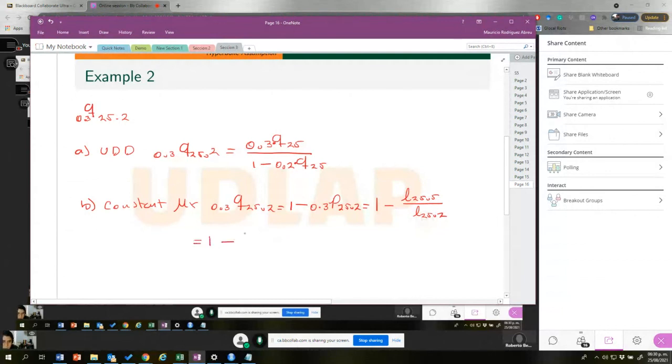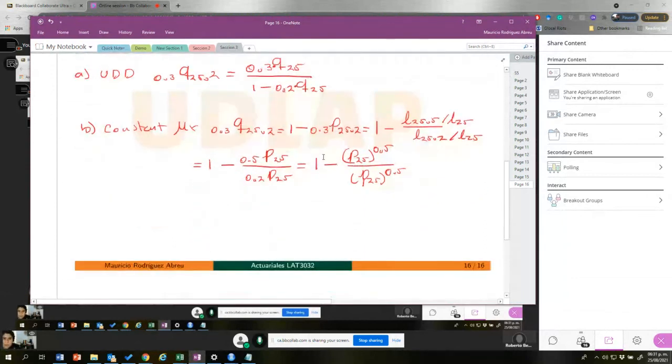Essentially this is 1 minus 0.5 p of 25 over 0.2 p of 25, which translates into p of 25 to the 0.5 over p of 25 to the 0.2.